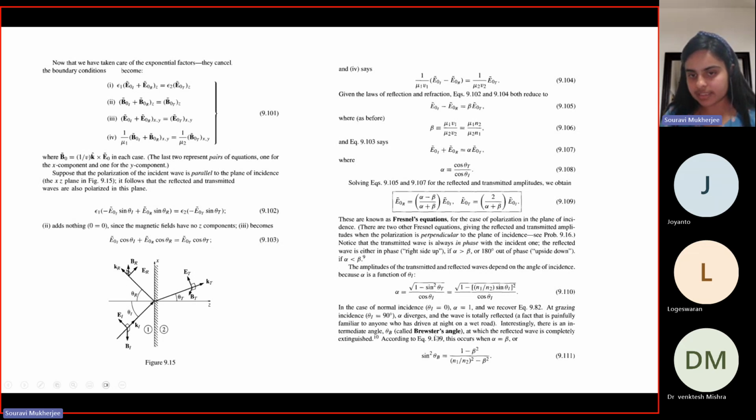When the incident angle is at the Brewster's angle, which is given by this formula, you get a polarized light. Your light gets polarized in the reflected regime, because for this parallel polarization there is no reflected light. So now if you have the incident wave perpendicular to it, you will have a polarized light.